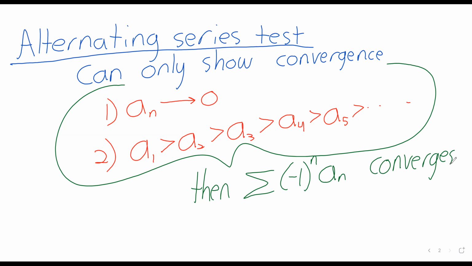So using the alternating series test tends to be pretty straightforward, at least if you don't get too caught in the weeds. I mean, if you try to use the derivative to formally show the second condition is satisfied, that can be kind of a nuisance. But as I say, if you don't get stuck in the weeds, this is usually pretty straightforward.